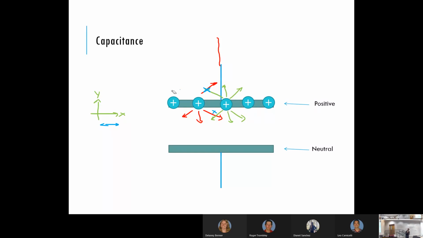So one of the cool things about a parallel plate capacitor, now I'm doing this heuristically, but that should be good enough: when you're close to the surface, the net electric field is roughly uniform and in the same direction.